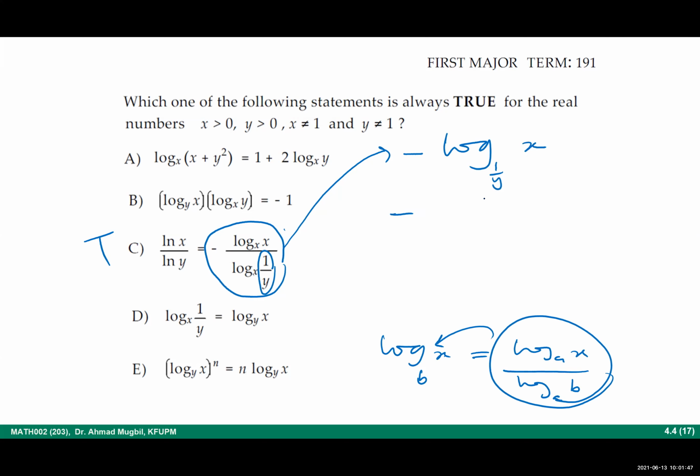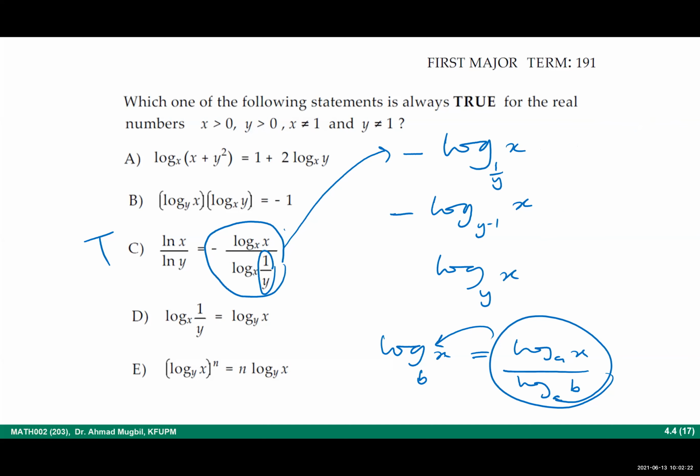You remember, Shabab, that I told you, this is log y to the power negative 1 of x, and this negative will go out. Revise the change of base formula. If you forget it, you can write it as log y of x over log y of 1 over y. Whatever. As I told you before, negative times negative will be positive. So all of this equals log y of x.